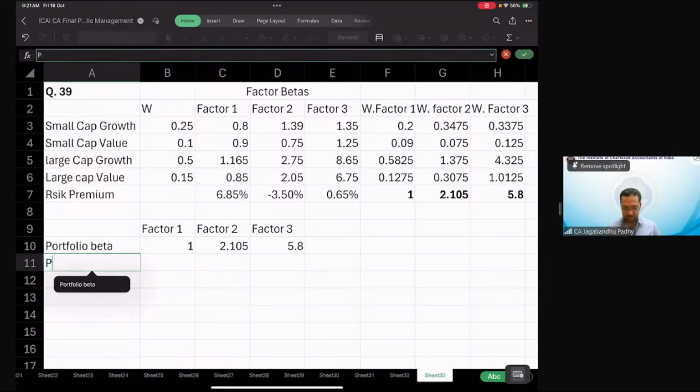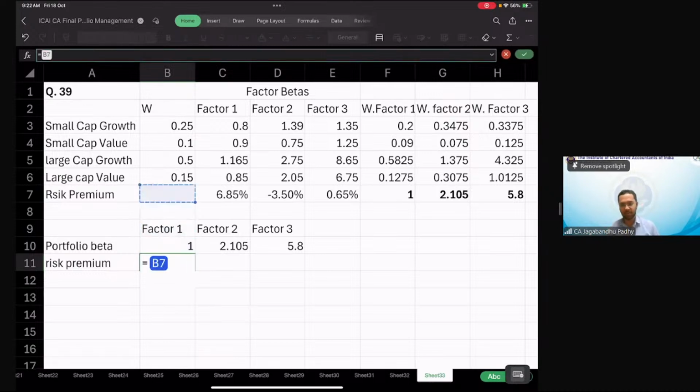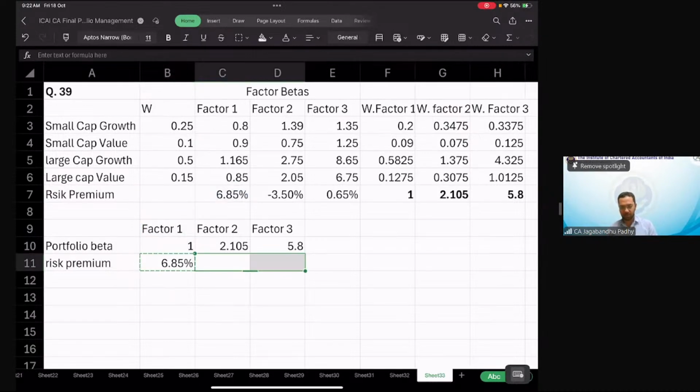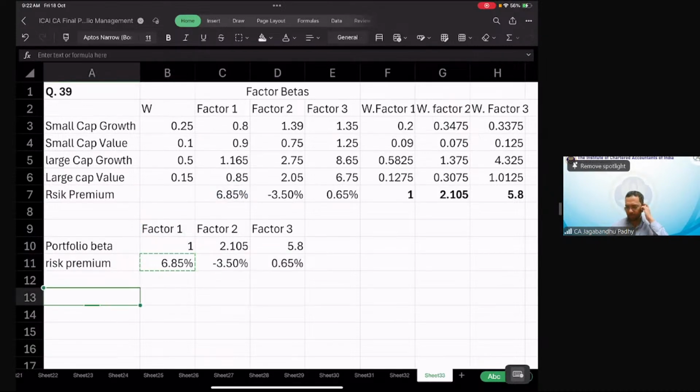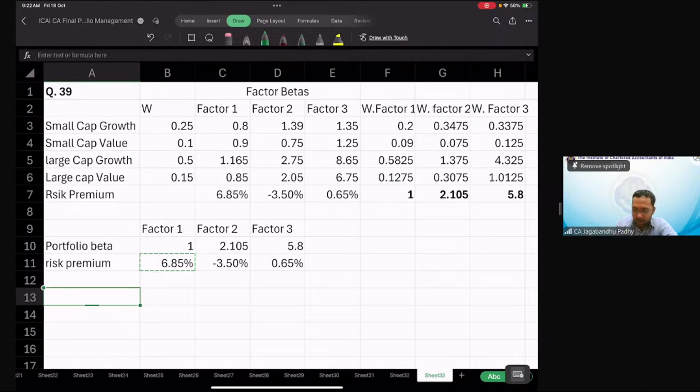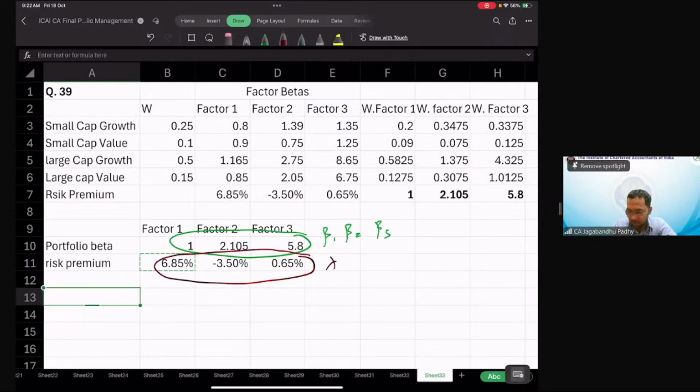And then we have the risk premium, which is given to us as 6.85%, minus 3.5% and 0.65%. Now these set of values are nothing but beta 1, beta 2, beta 3. And what are these other set of values? These are lambda 1, lambda 2, and lambda 3.